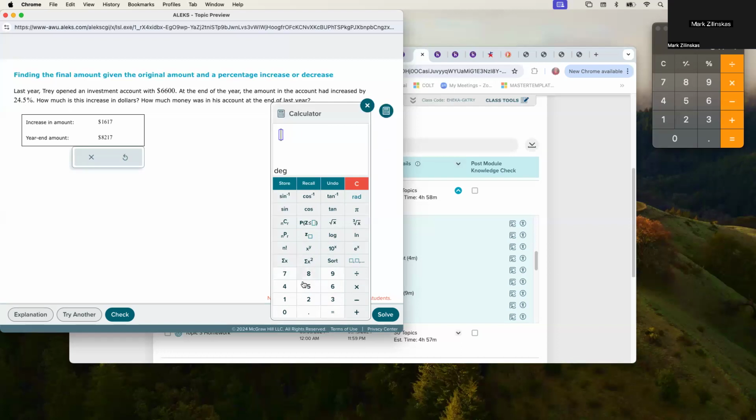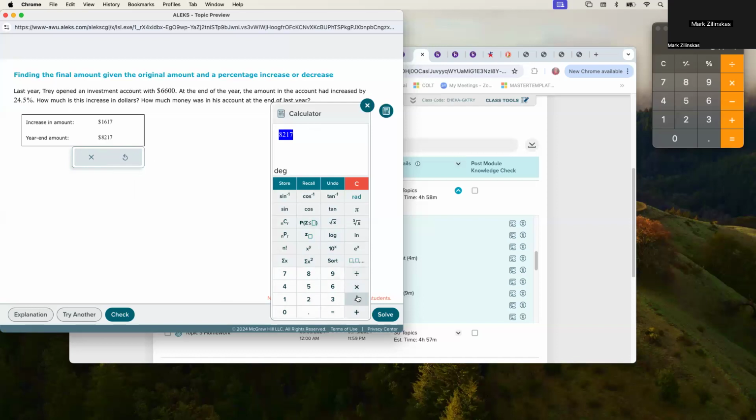So it should be 1.245. Excuse me, that's what was going on. If I had 124.5% and I moved two places, that's 1.245. Then I'm going to multiply that by 6600. I did that too quickly.